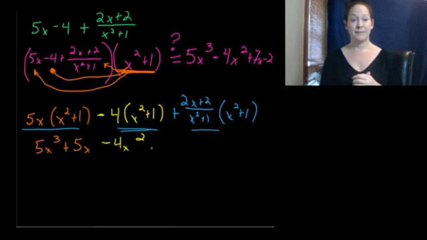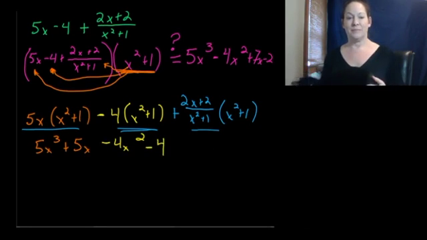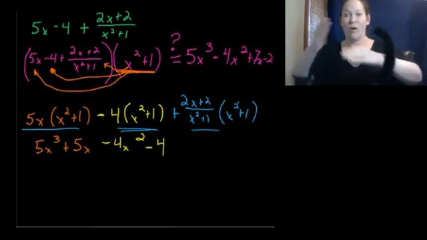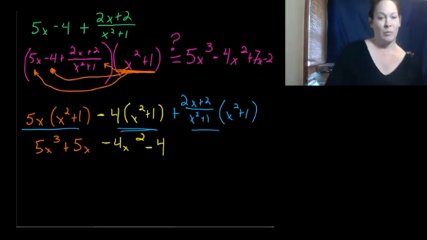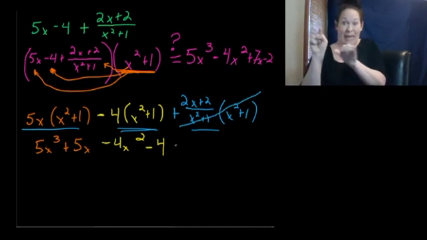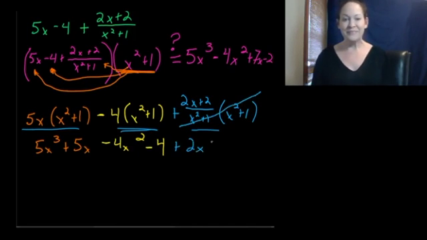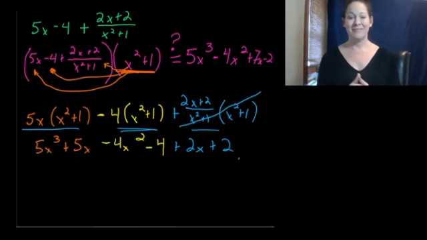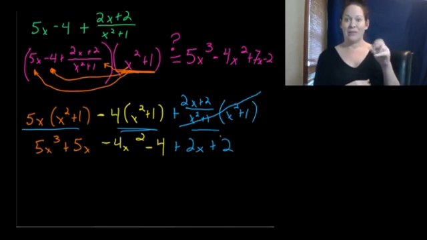Negative 4 times 1 is negative 4. But here comes the fun part. Notice this is the same thing that's in the denominator. So they're going to cancel, leaving me with the 2x plus 2 upstairs. And that's why the remainder hangs out like that, and we have the remainder coming across.